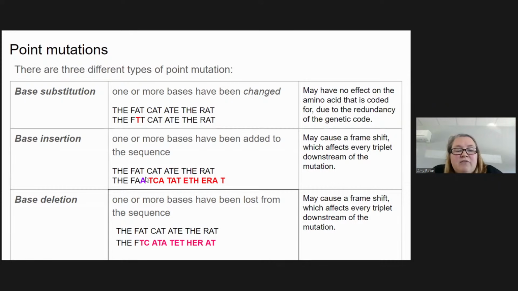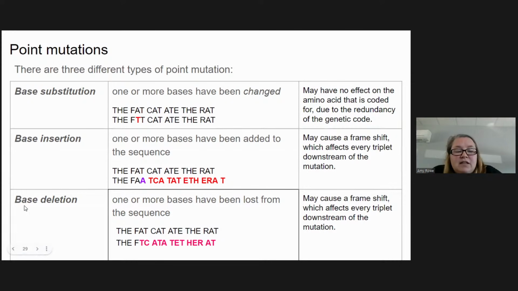So all we've done is we've added one adenine in here, and because our sequence is broken up into triplets, the rest of our sequence doesn't make sense anymore. Everything has sort of shuffled along. This is what we call a frame shift. And we'll talk about frame shifts in more detail shortly. So a base insertion may cause a frame shift, which will affect every triplet downstream of the mutation.